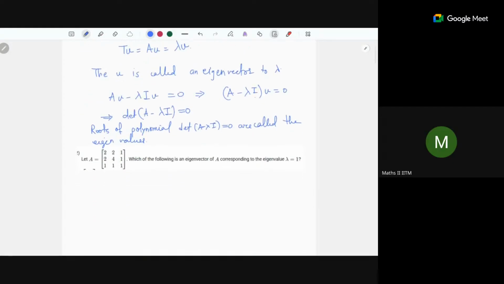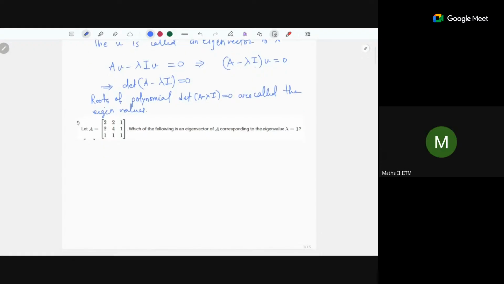Now in this question, we need to find which of the following is an eigenvector of A corresponding to the given eigenvalue, which is lambda equal to 1. How do we find the eigenvector?